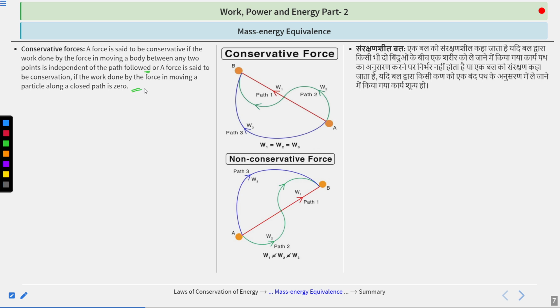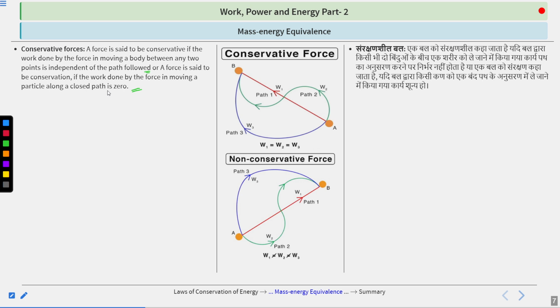First condition, just read it again. Any force can be said to be a conservative force if the work done by the force in moving a body between any two points is independent of the path followed. The work is independent of the path. Okay? And a force is said to be conservative in another sense: the work done by the force in moving a particle along a closed path is zero.